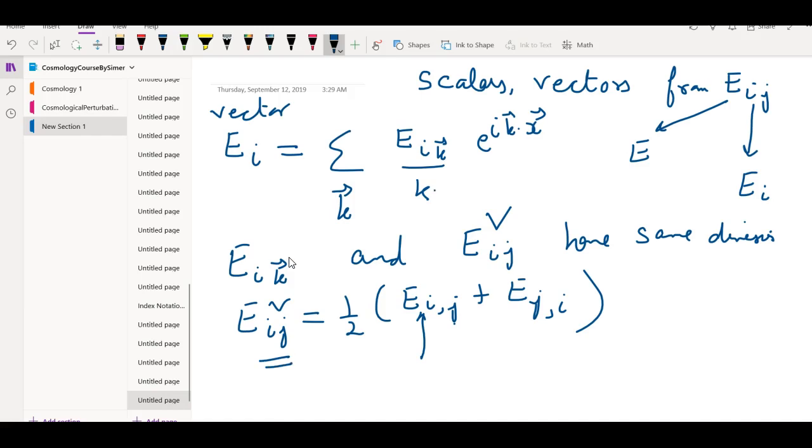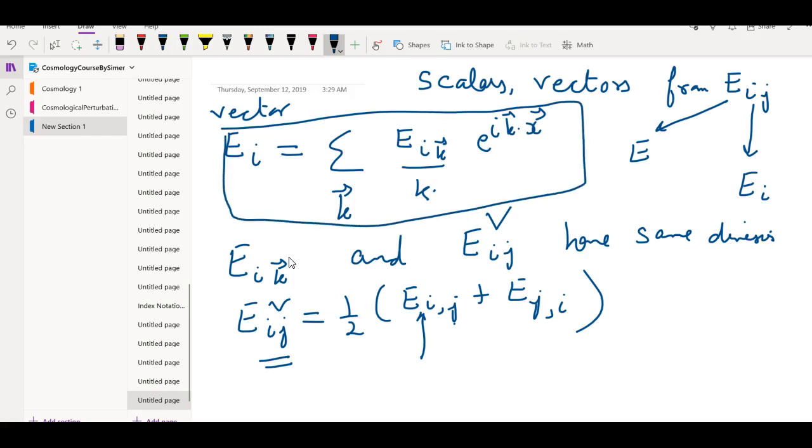So when I divide by k and I take a derivative of this, then iota k comes in front.